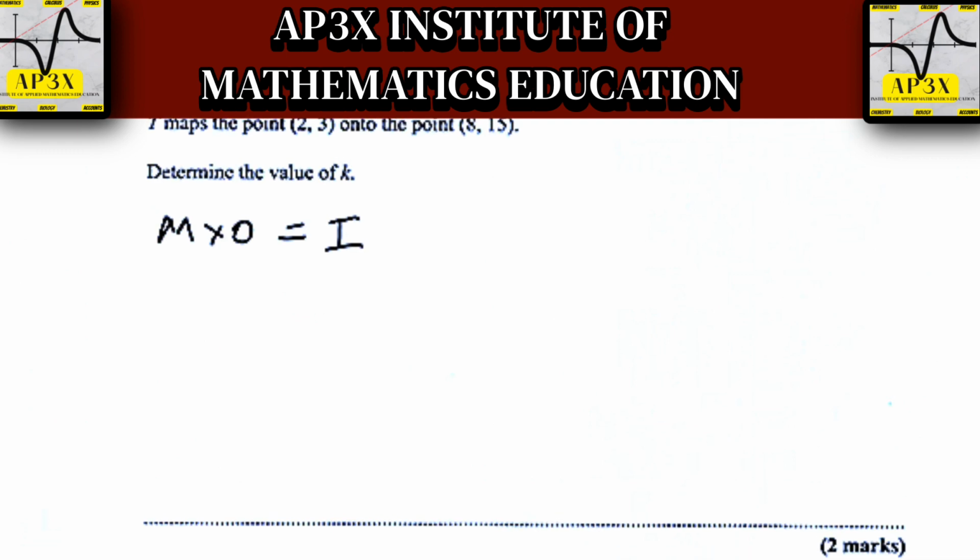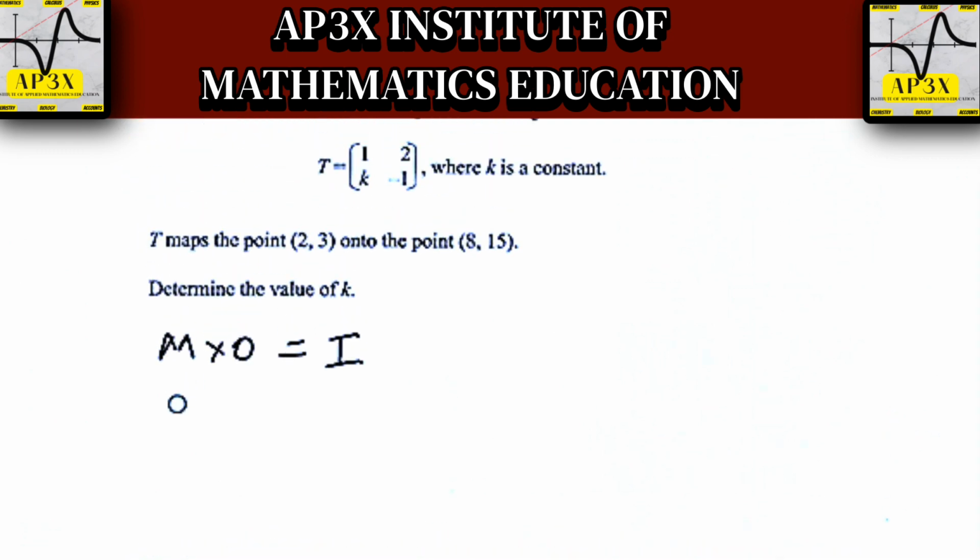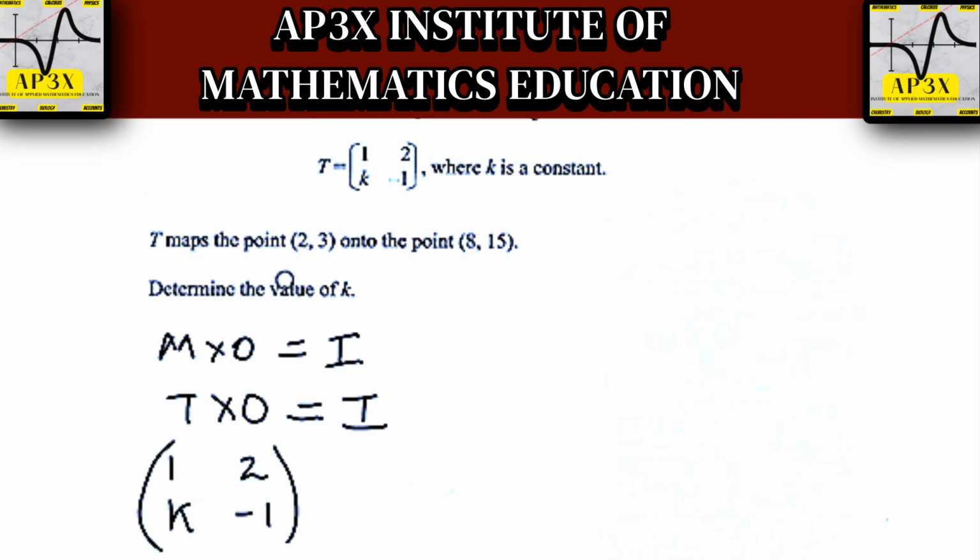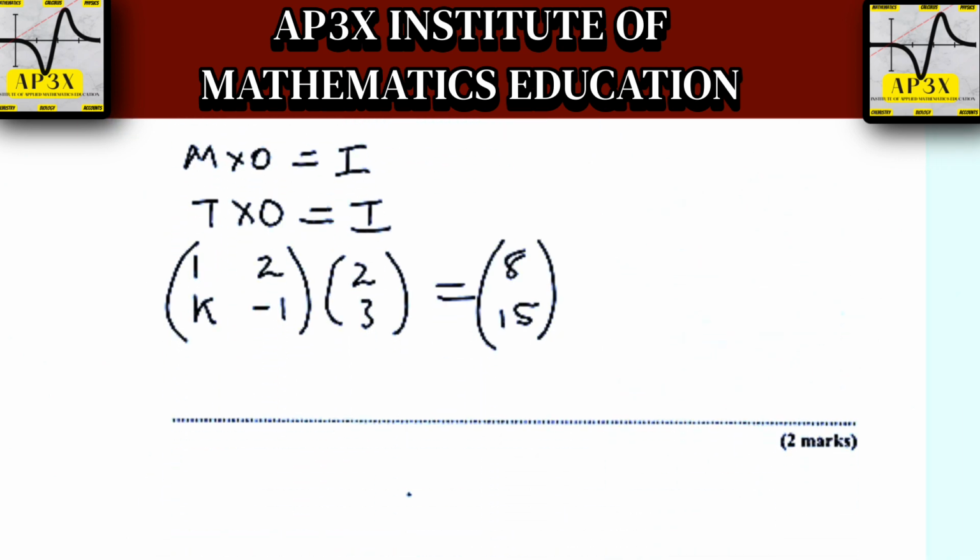So the matrix T here, which is [1, 2; k, -1], is going to multiply the object, which they say is the point that T maps, (2, 3). And it maps it onto (8, 15). So what we have here is a matrix equation that we need to solve.